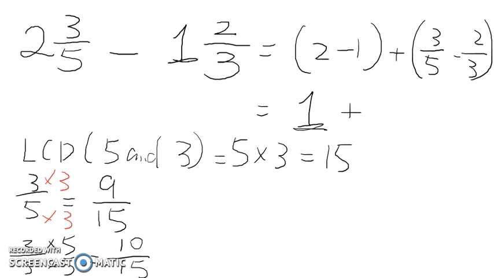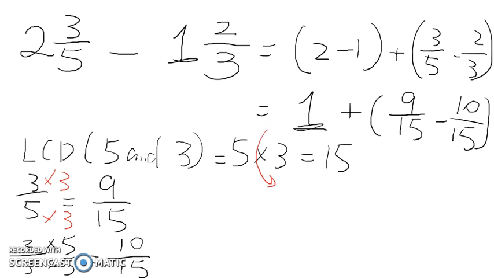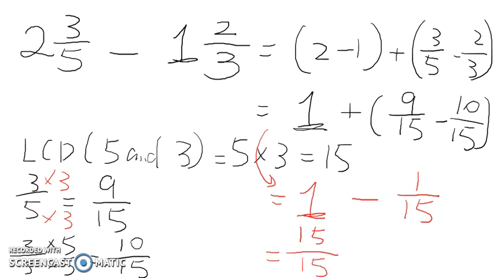So carry it all the way over there, we get 9/15 take away 10/15. Bring it down in here, 1 minus 1/15. And 1 will be written as the same number on the top divided by the same number on the bottom, 15/15 minus 1/15, which would equal 14/15.